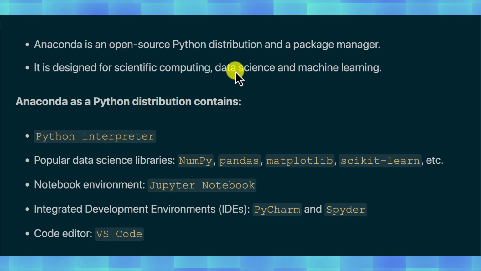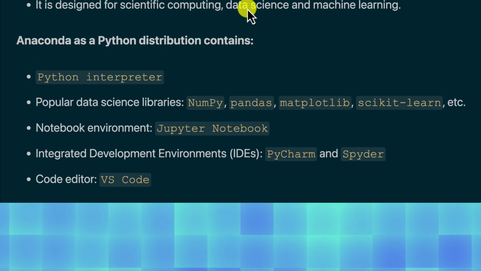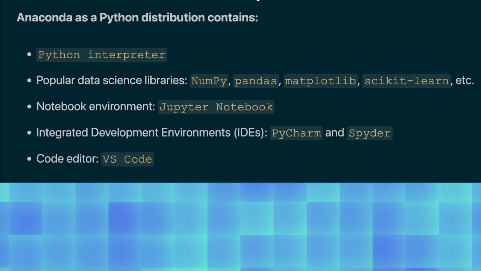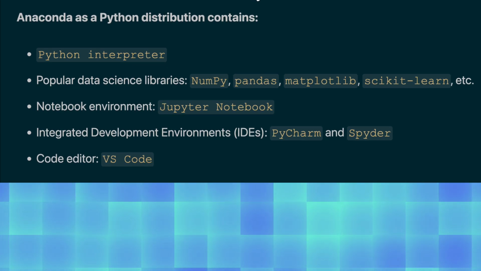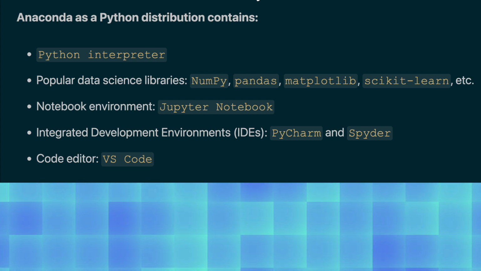When we say Anaconda is a Python distribution, we basically mean that Python can be distributed through Anaconda. It means when you install Anaconda, you are installing Python. But Anaconda comes with many other tools beyond the Python interpreter.